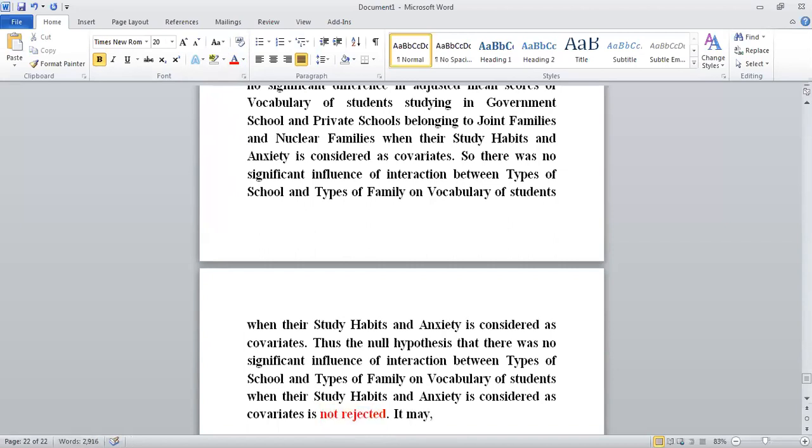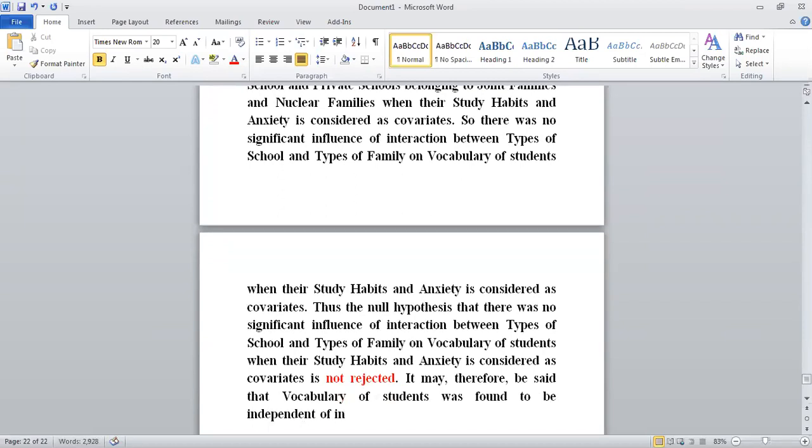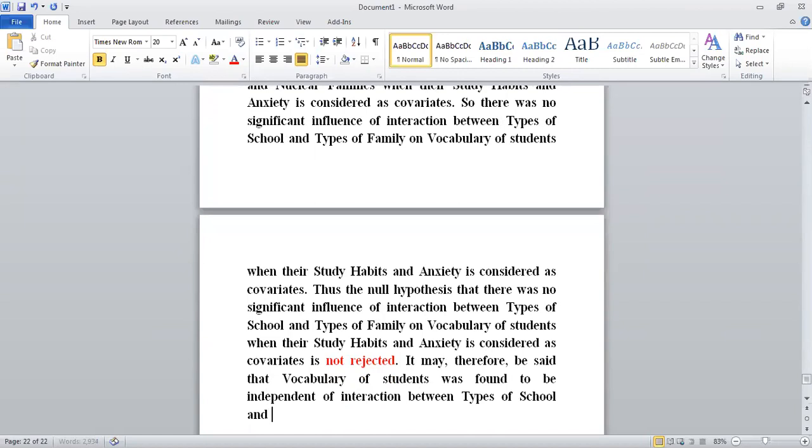It may therefore be said that the vocabulary of students was found to be independent of interaction between types of school and types of family.